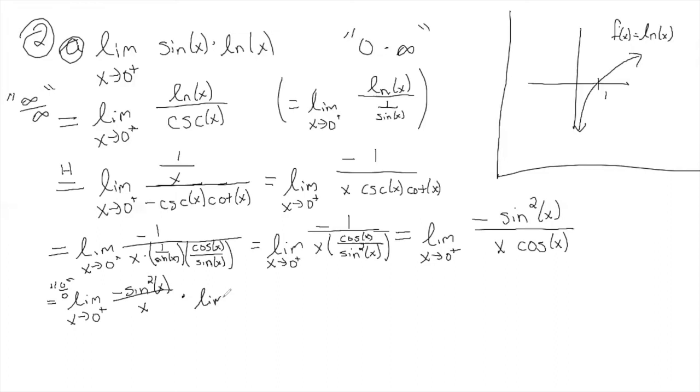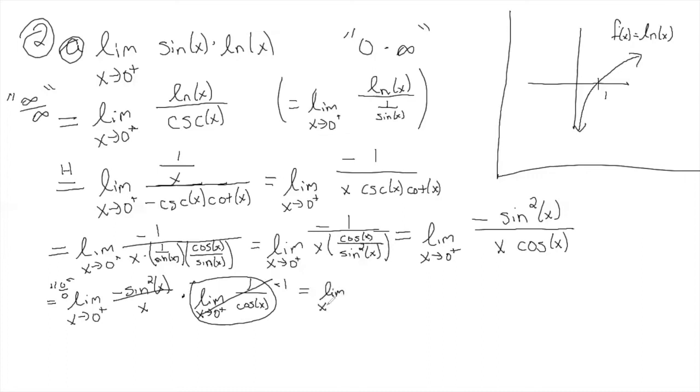But I know what the limit as x approaches 0 of 1 over cosine is. And it's because I know what cosine of 0 is. This thing is just equal to 1. So essentially, I can just ignore this from my limit computation.